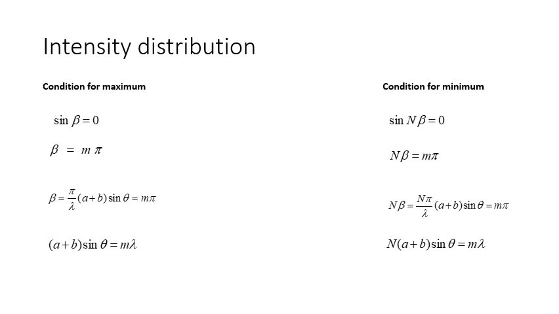So this is the condition for maxima, and this is the condition for minima. This gives the minima and maxima positions of the diffracted beam on the screen. Hope you know from this lecture how to calculate the intensity of the diffracted beam coming out from the n slit. Thank you.